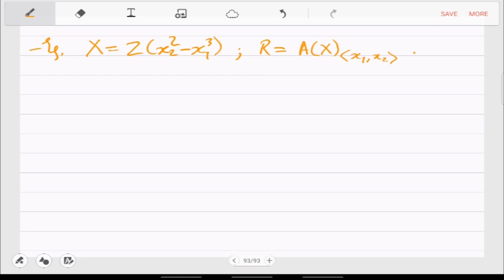So the problem was that this R is not a DVR in its function field, and that was because it was not integrally closed, and the example was this x2 over x1.